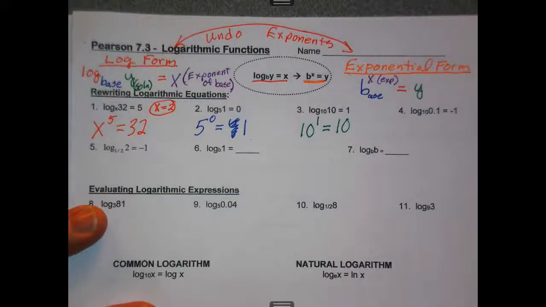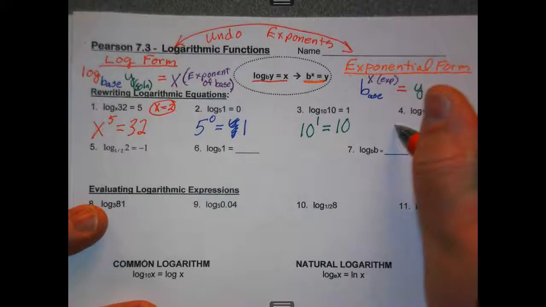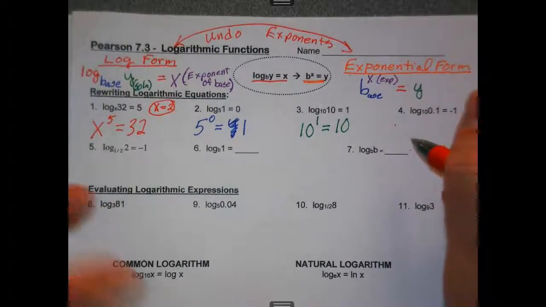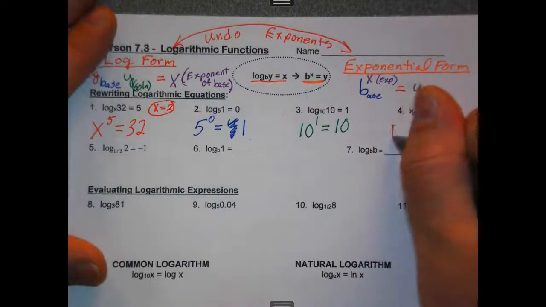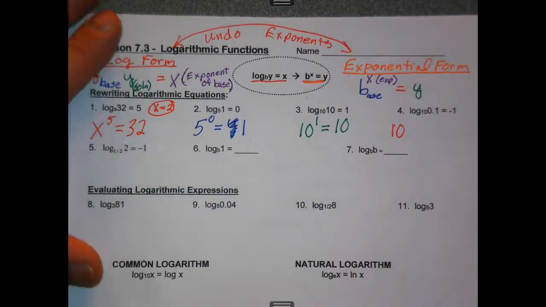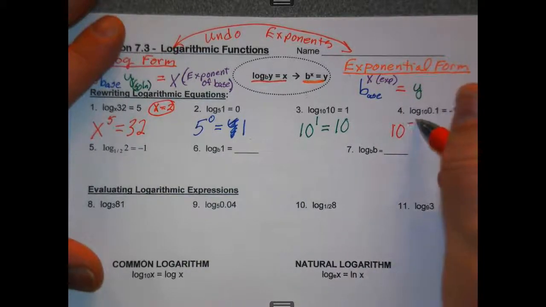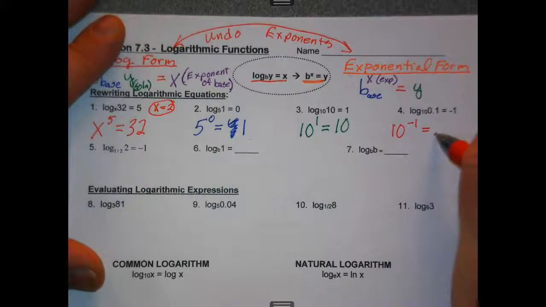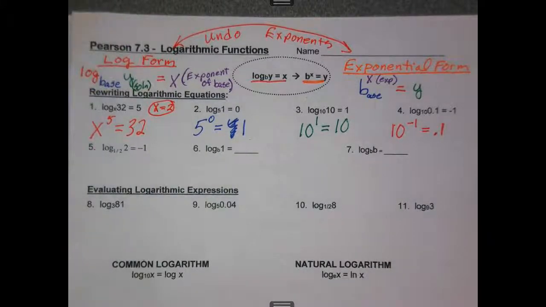Okay, number 4. What's my base? 10. Now, this is important because this is going to come back to you in about 3 or 4 minutes here. Is this a true statement? Why?